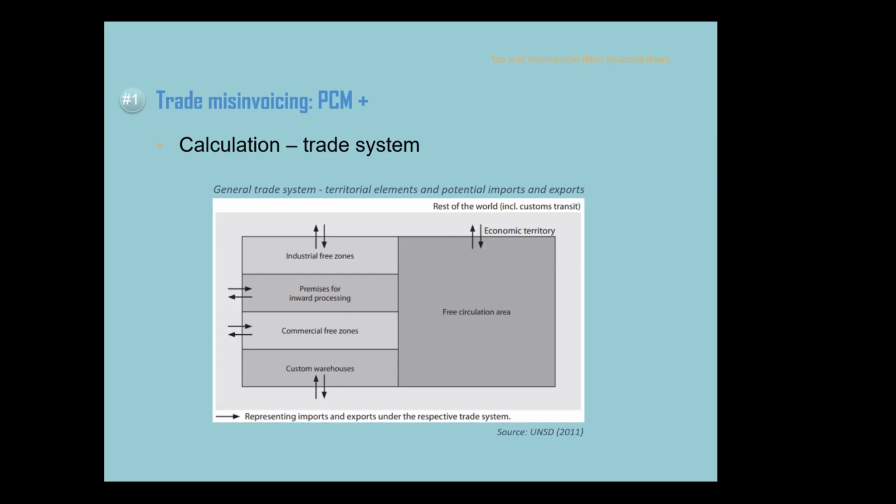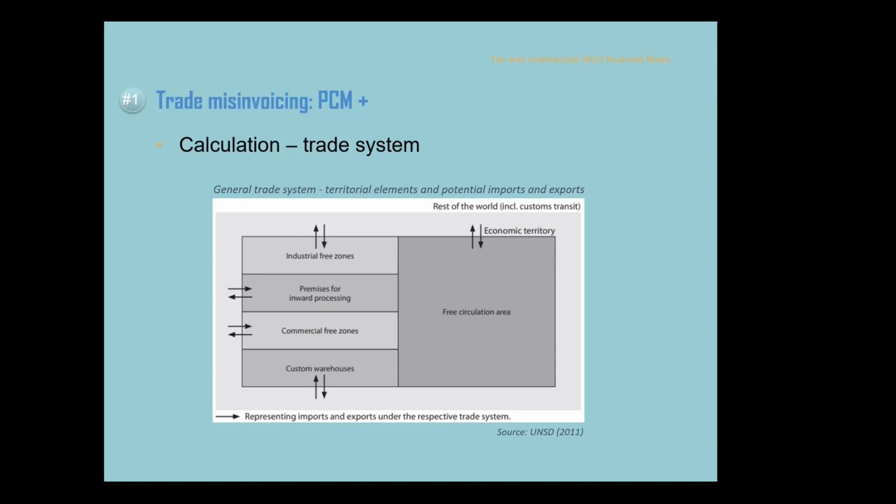When the statistical territory is the same as the economic territory, then we say we have a general trade system. This is the case here in the slide. So we have an economic territory, this square that includes the free circulation area, industrial free zones, premises for inward processing, commercial free zones, and customs warehouses. All of this is economic territory, and all of this is also statistical territory.